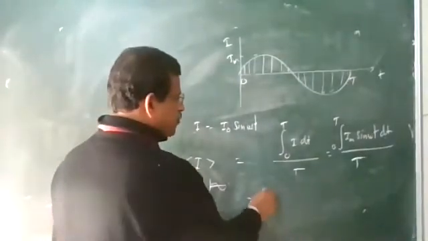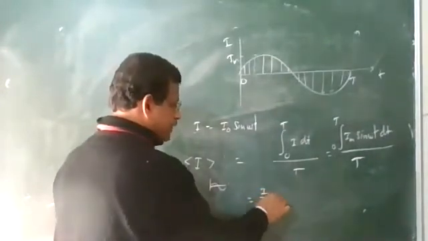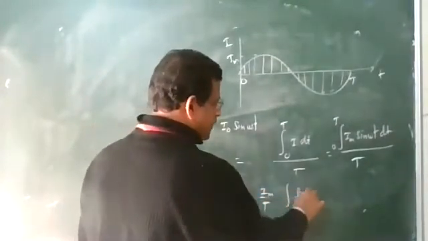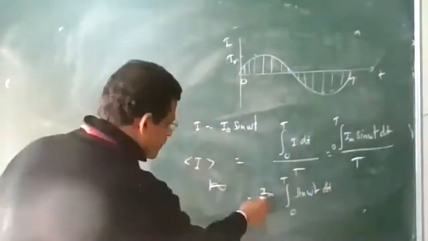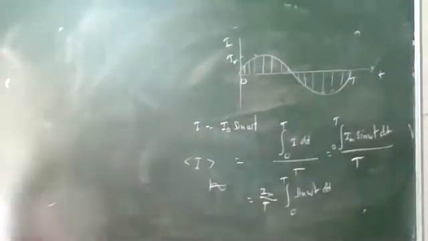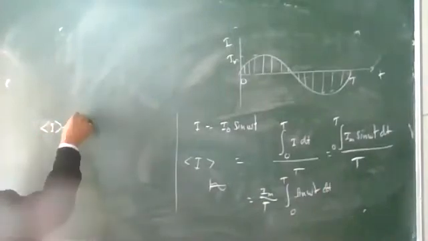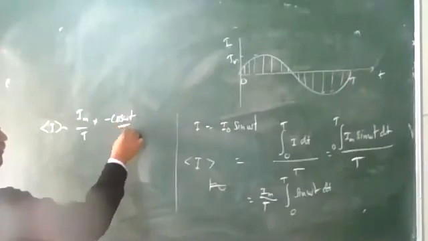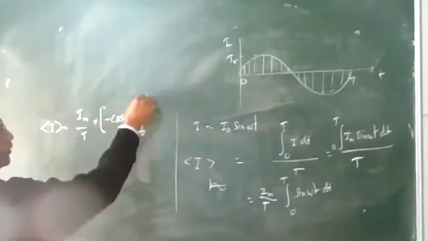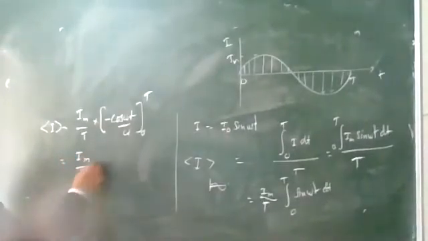So this is equal to 1 by T, Im, times the integral of sin omega t dt from 0 to T. What will be the integral of sin omega t? So the average value of the current over a cycle is Im by T times minus cos omega t divided by omega, with limits 0 to T. Omega comes out with a minus sign.